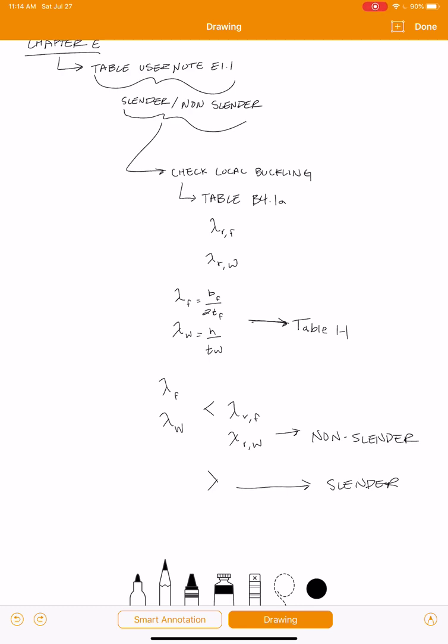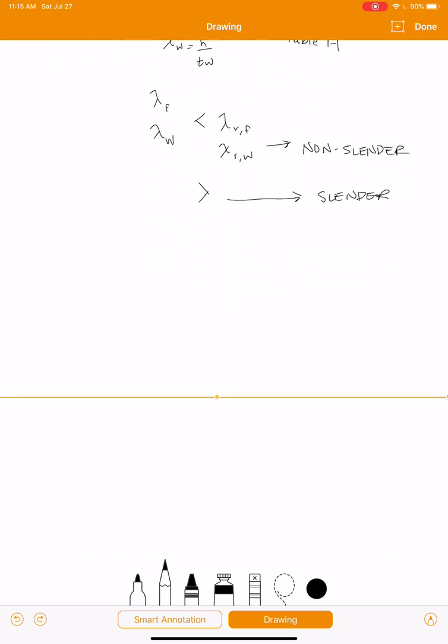Now, most of the time, you're going to either be looking at doubly symmetric I shapes or doubly symmetric HSS shapes. And so for these ones, if they're hot rolled, they typically don't have slender elements.